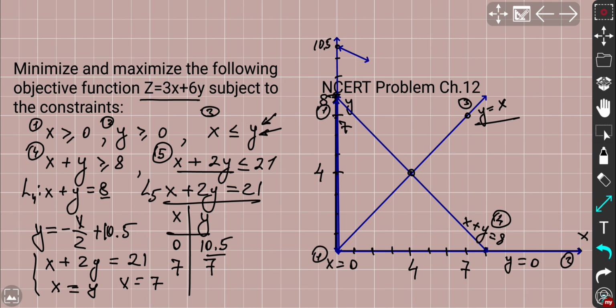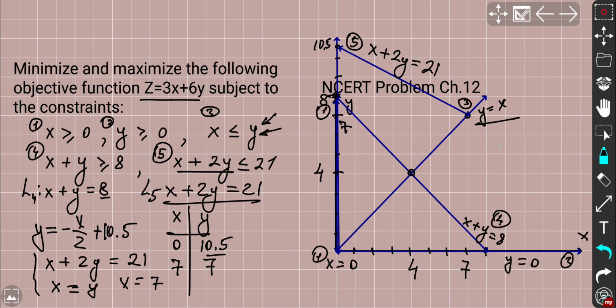Right now I'm going to connect with the last line, which in this case is line 5, with the equation x plus 2y equals 21. Okay, so now I've got everything in order to start doing calculations.